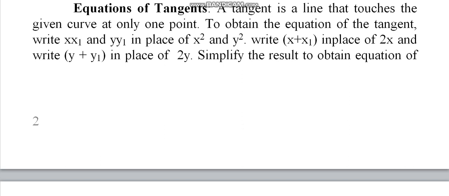So the point (2, root 5) lies on the curve. In this case, we replace x square by 2x and y square by root 5 y, and then we obtain the equation of the tangent as 2x plus root 5 y is equal to 9.